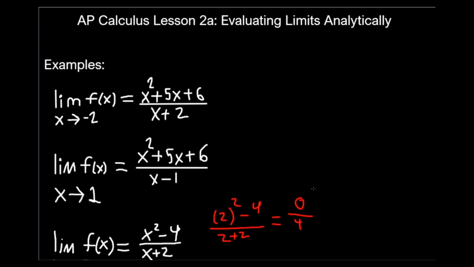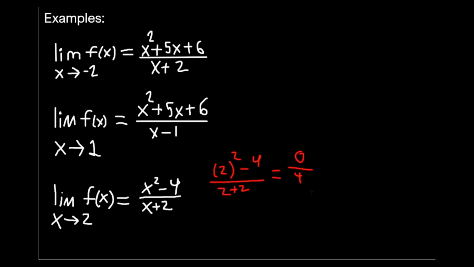Now, 0 in the denominator is going to give us something that doesn't exist or is undefined, but 0 in the numerator, I said numerator first, it's the denominator, my bad, but 0 in the numerator is just going to give us 0. So this one is going to equal 0.